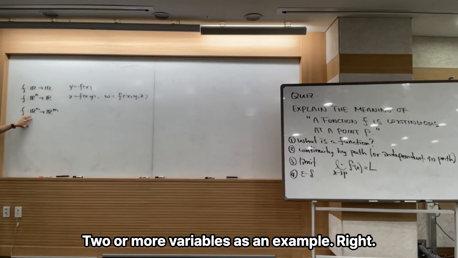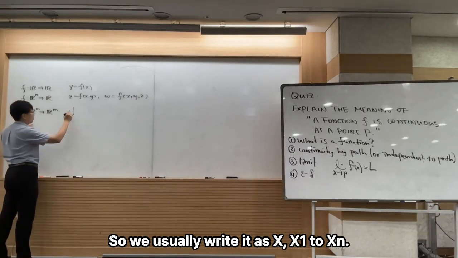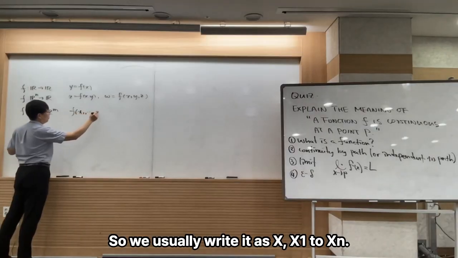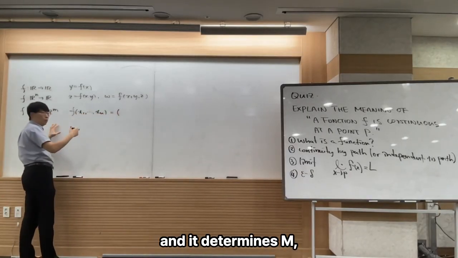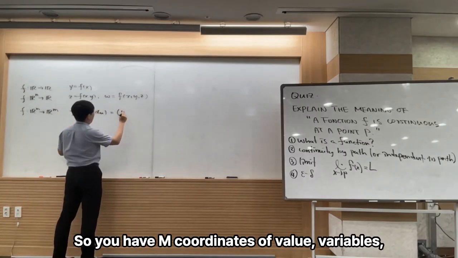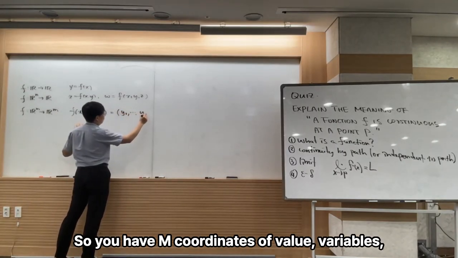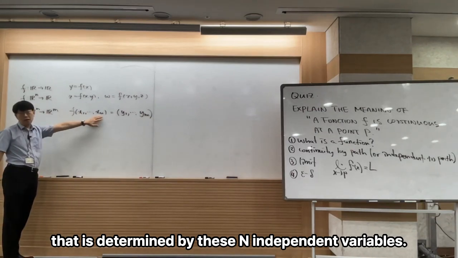Right, so you have more than one variable dependent on the independent variables. We usually write it as x1 to xn. These are independent variables, and it determines m. So you see that it's m dimensional. You have m coordinates of variables that are determined by these n independent variables.